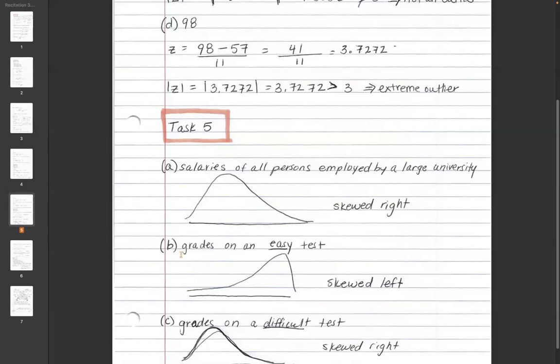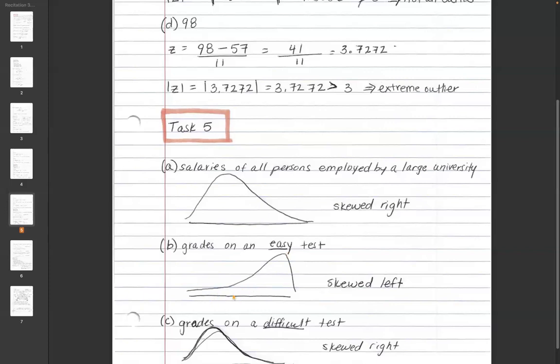All right, so B, grades on an easy test. On an easy test, you would expect that more people would score high, right? We would have more high scores than low scores. So here it would be skewed to the left, because it gets more spread out on the left.